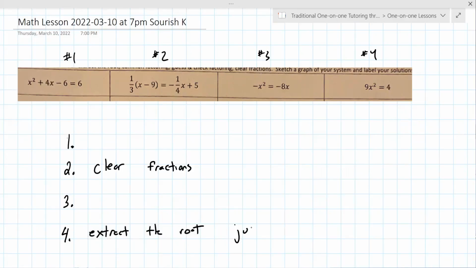There's just x squared, and only one x term. Whereas number 3 has an x squared and an x, and this other one has an x squared and an x. So for extract the root, you want something with just an x squared in it. Number 4 is the only problem where you have just an x squared.